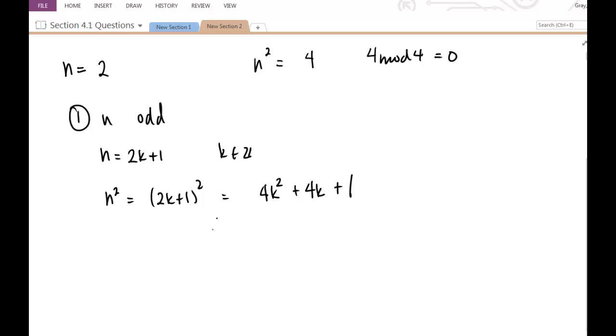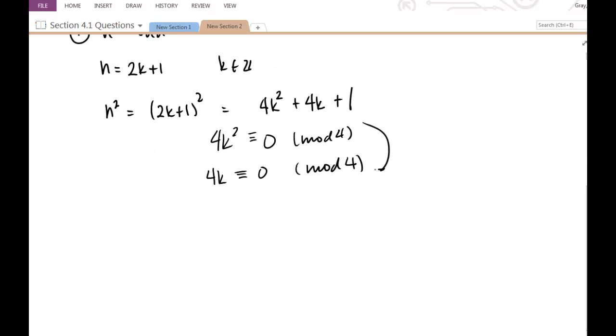Now look, 4k squared is congruent to 0 mod 4 because it's a multiple of 4, and 4k is congruent to 0 mod 4. So we can replace, since we're under the same mod, right? We're under the same mod, so we can replace these equivalencies here. So let's kind of step back. We're trying to show that n squared is congruent to something mod 4, right?